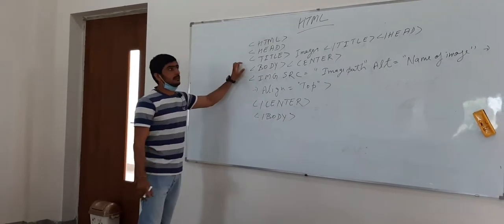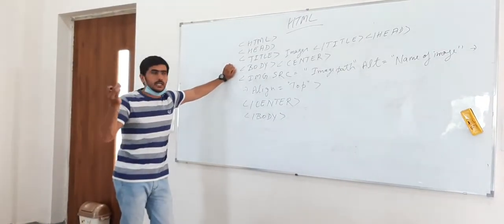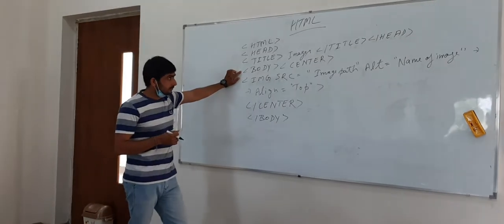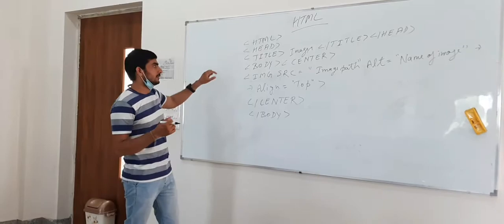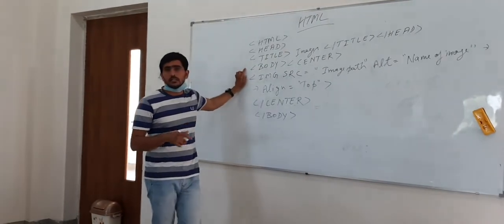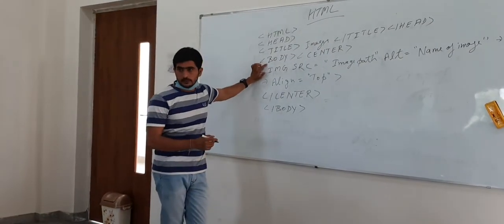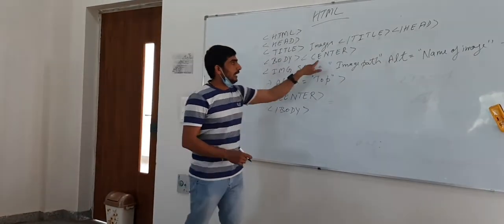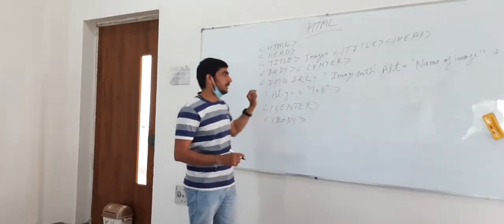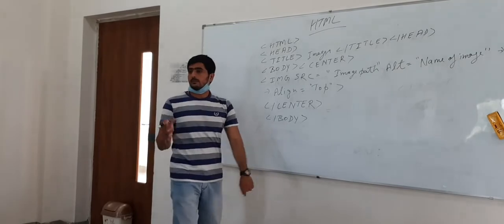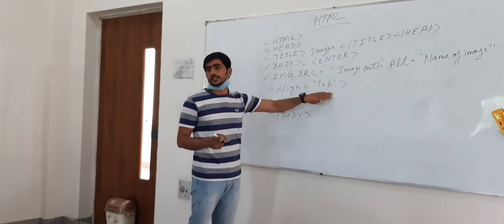In every program, after the head and the title are completed, when we are writing our message, we have to start from the body and the center. We are using center because we want our image to start from the center of the page, and the alignment should be top, so the image starts from the top.